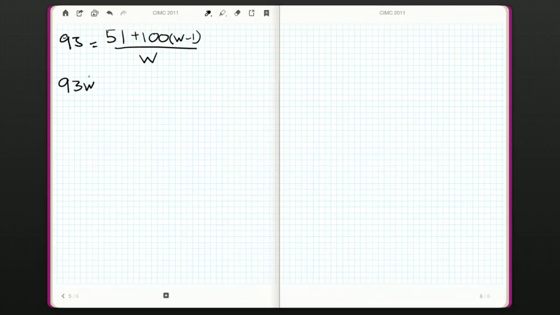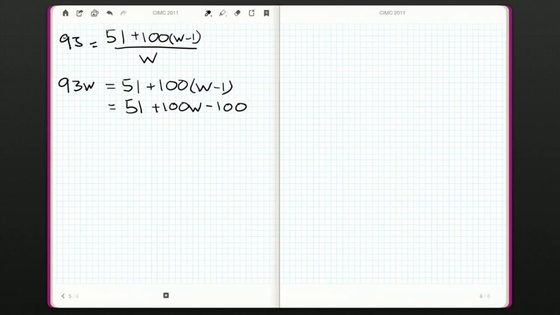So 93W, we multiply by W to get rid of the W on the bottom, is 51 plus 100 times W minus 1. Well, I don't like this expression over here. I'd like to get something just in terms of W by itself. So 51 plus, and we'll multiply this 100 through. So 100W, 100 times W, and then 100 times negative 1, minus 100.